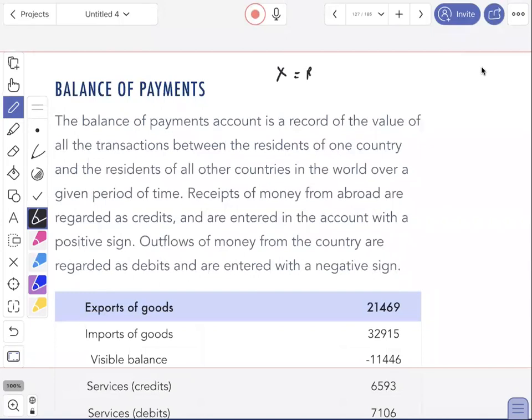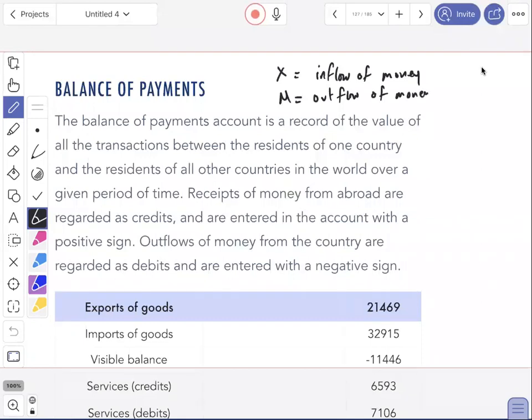When you look at exports revenue, it is what we call an outflow of goods but inflow of money, right? And imports is what we call inflow of goods but outflow of money, right?